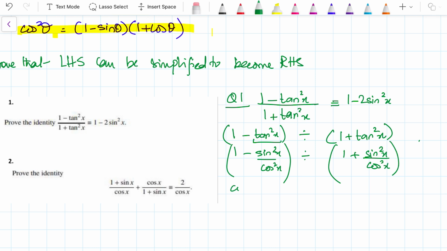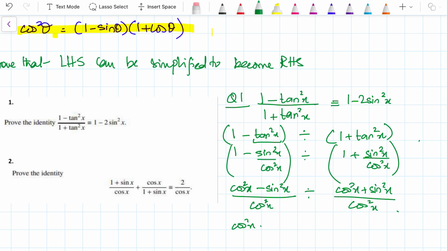Like taking the LCM, cos square x minus sine square x divided by cos square x, over cos square x plus sine square x divided by cos square x. Now division sign changes into multiplication and reciprocating the fraction.